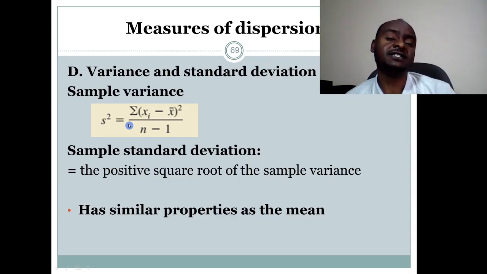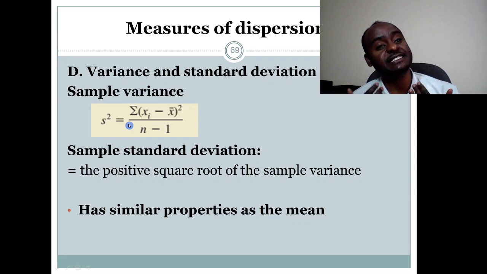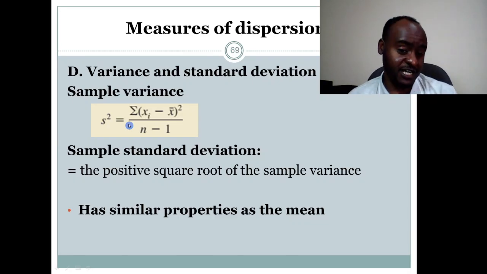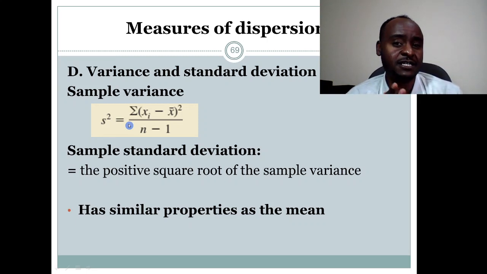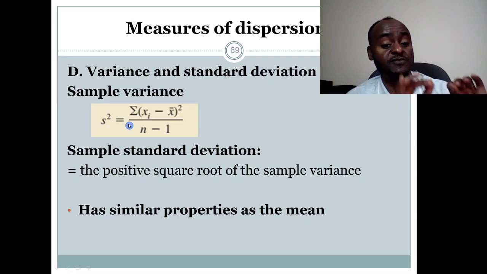That is one thing. But they are very sensitive to outliers. Of course, in terms of interpretation, the standard deviation is not that sensitive. We don't have any problem with the unit of measurement, because the unit of measurement is not squared, rather it is the same as the unit of measurement of the data point.